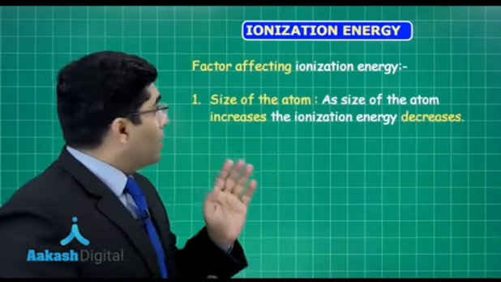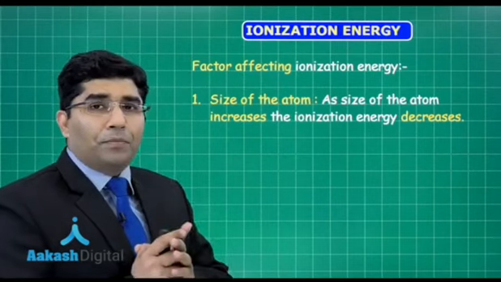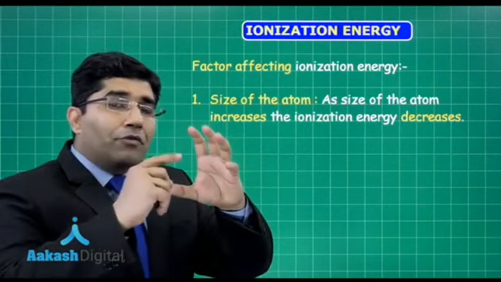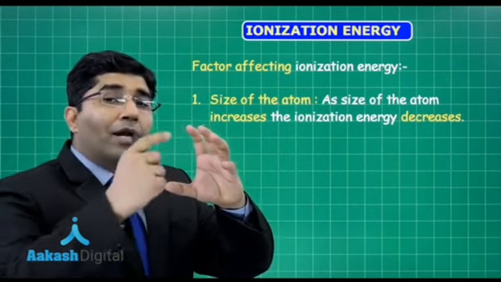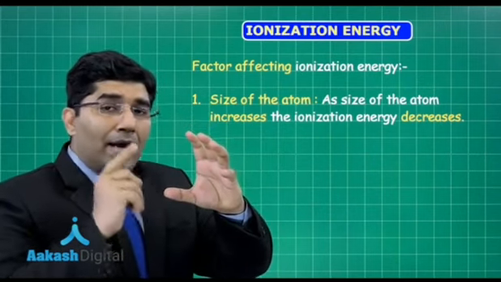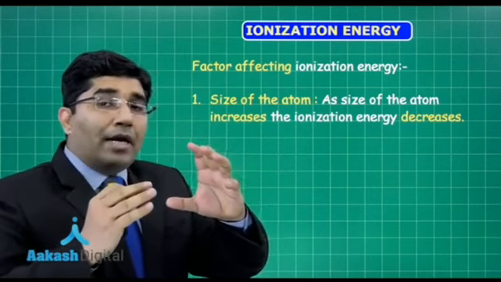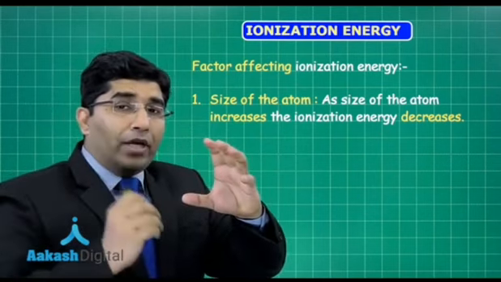First is the size of the atom. If the size of the atom is big, the valence electron will be far away from the nucleus, and it is very easy to eject the electron from the valence shell, right?